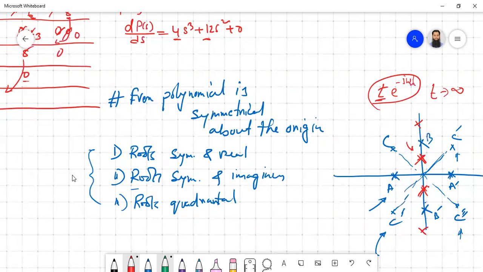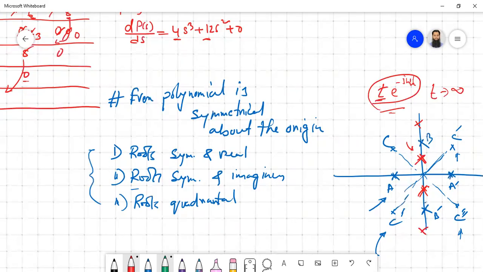So that is why the system is unstable. Whenever this type of scenario occurs, we also have to check whether the poles are at the same location or not. A multiplicity of 1 is acceptable. A multiplicity of more than 1 is not acceptable. That will make the system unstable.